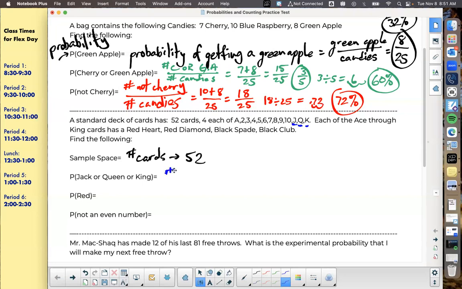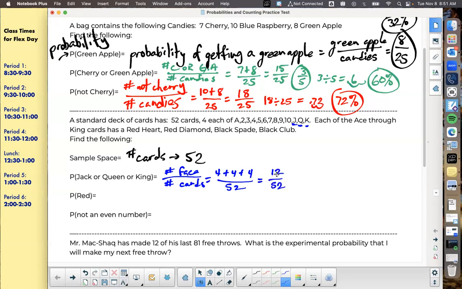So the number of face cards divided by the number of cards. The face cards, there are 4 jacks, 4 queens, 4 kings. There are 52 cards. So what do we have? We have 12 out of 52.